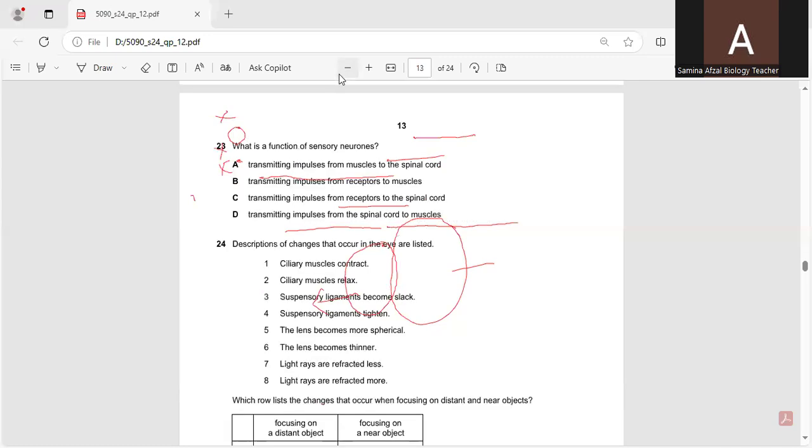Now question number 23. What is the function of sensory neurons? Sensory neurons take the messages from the receptors towards the central nervous system. So option A is transmitting impulses from muscles to the spinal cord.